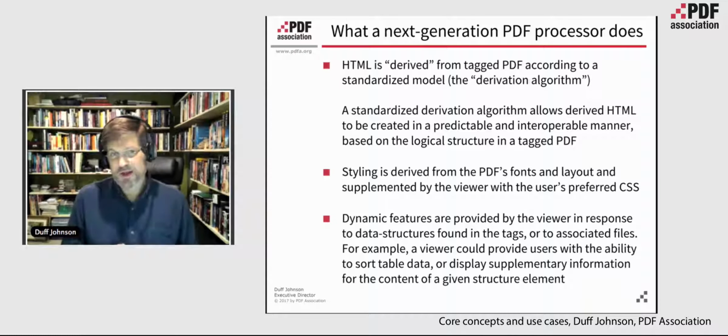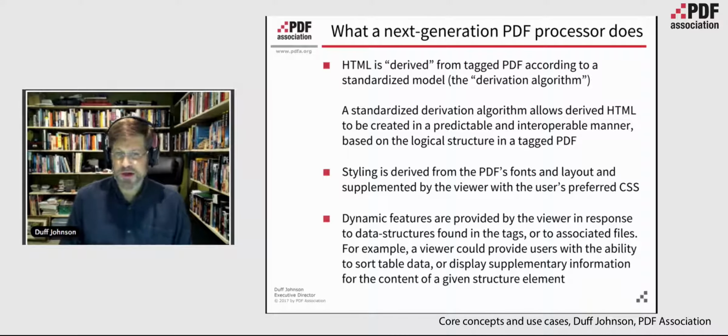The need for this was evident in the sense that there are all kinds of ways to process tagged PDF, but in order to deliver a completely consistent experience, you tend to want the processors to do relatively similar things when they encounter a variety of particular circumstances.